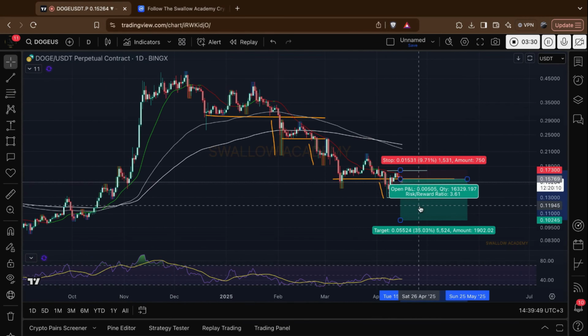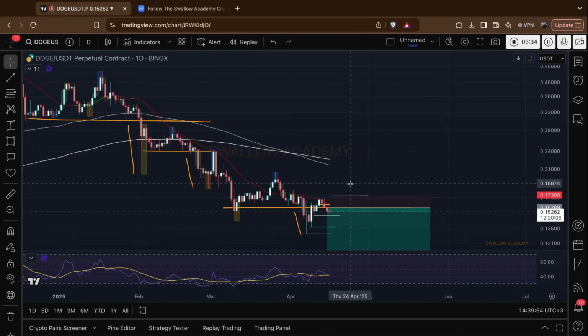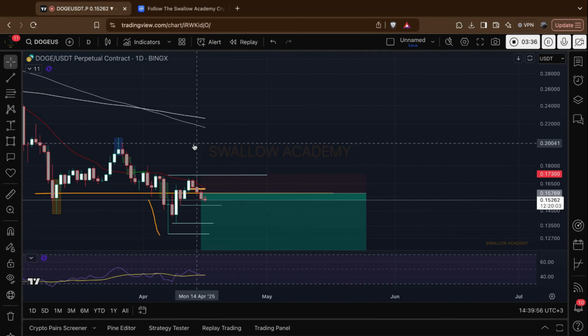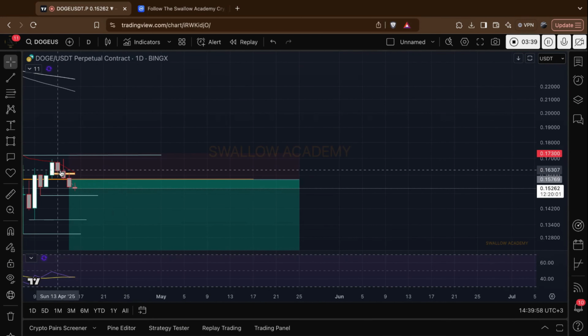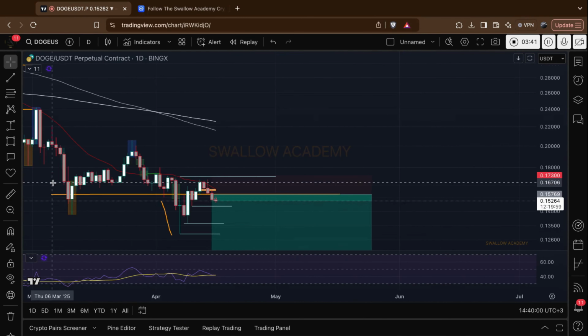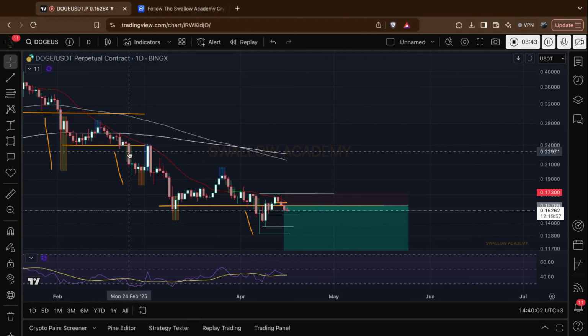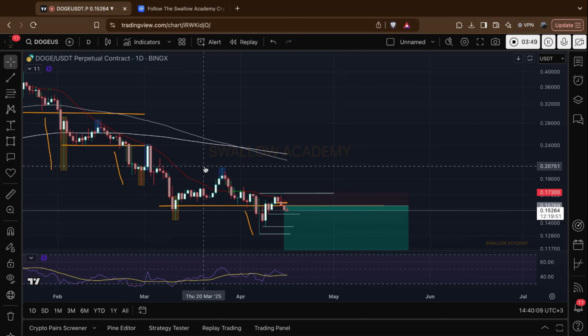So risk and reward ratio is 1 to 3, 1 to 3.5, and we still have a pretty decent amount of room to fall. Sellers are dominating heavily, and now all we have to do is just wait and possibly see similar bearish candle movements like this or this.